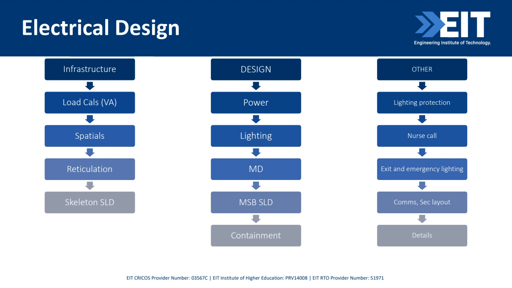First of all, we have infrastructure. So we're talking about your large electrical equipment. This could be substations, your main switchboards down to distribution boards, your plant rooms associated with those switchboards, as well as all of your cabling to make that work.